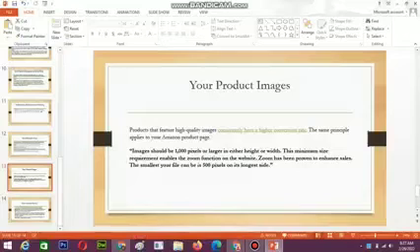The same principle applies to your product page. It's telling about product images, so I have bolded it over here. You can read it properly: images should be 1000 pixels or larger in either height or width. This minimum size requirement enables the zoom function on the website.